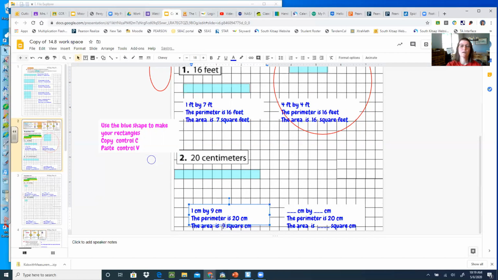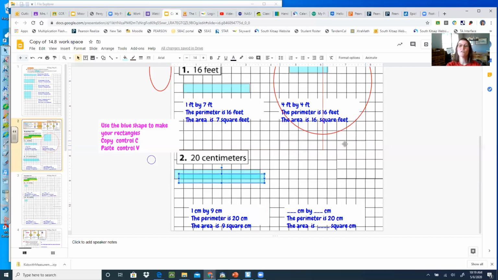1 times 9 is 9. Now, is there any way to make a square with a perimeter of 20? Well, half of 20 is 10. Do I have a number that I can add to itself to get 10? Oh, 5. So I'm going to grab this guy. Oh, no, I can't grab that guy because he's hiding under the circle.